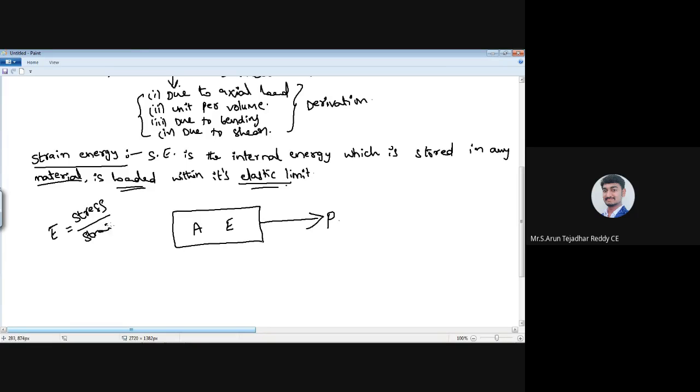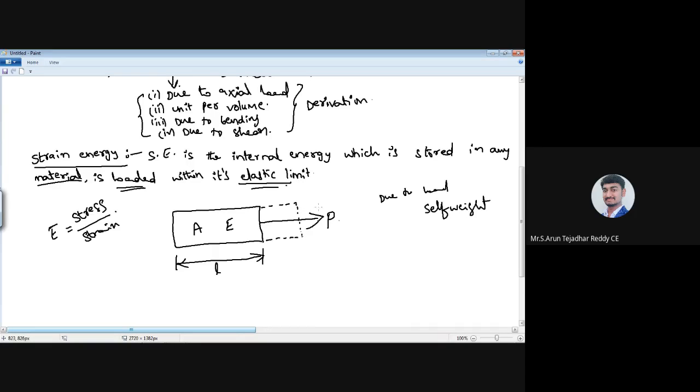And the total length will be L, small l or capital L, that is up to you. Due to this load, or due to this self weight, here you will get some deflection.